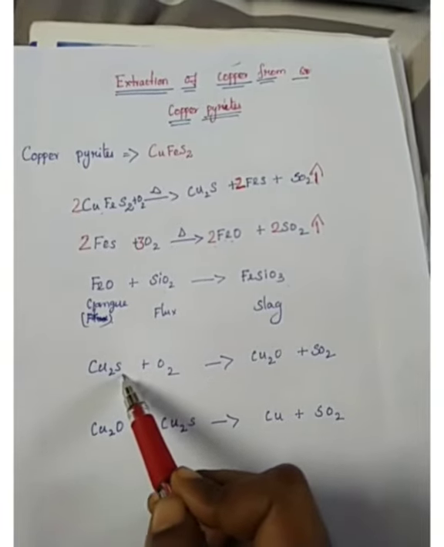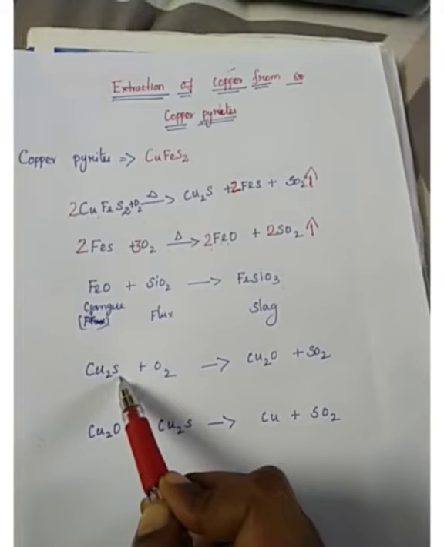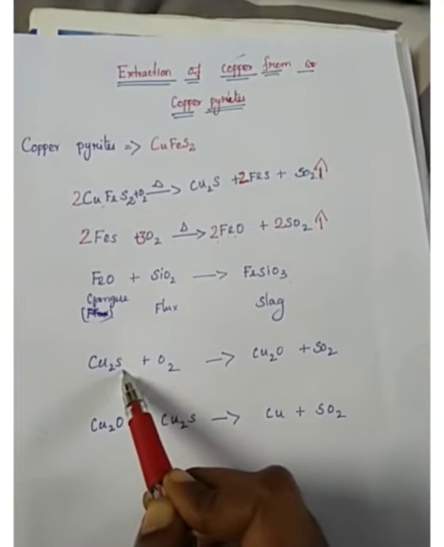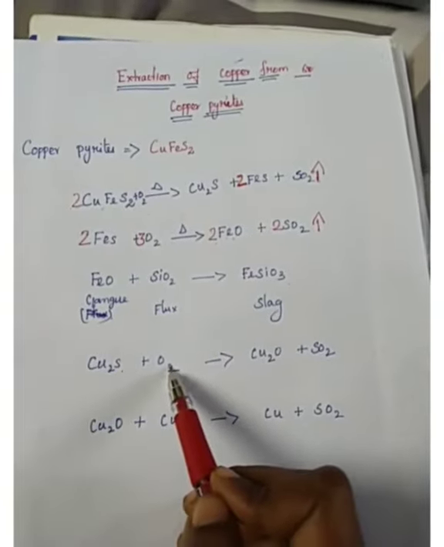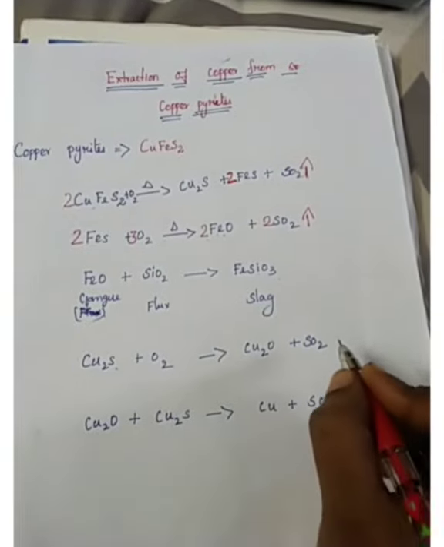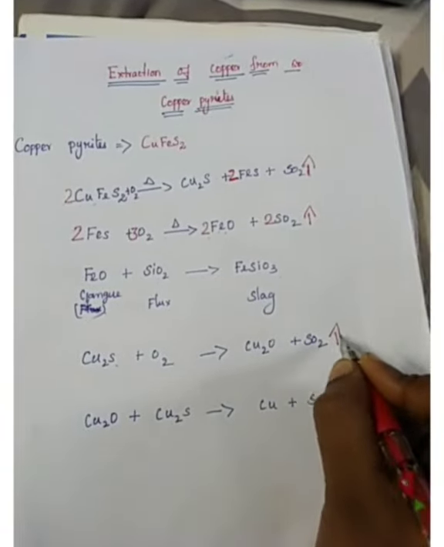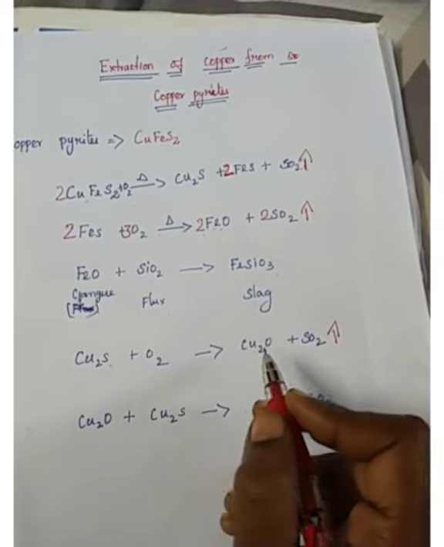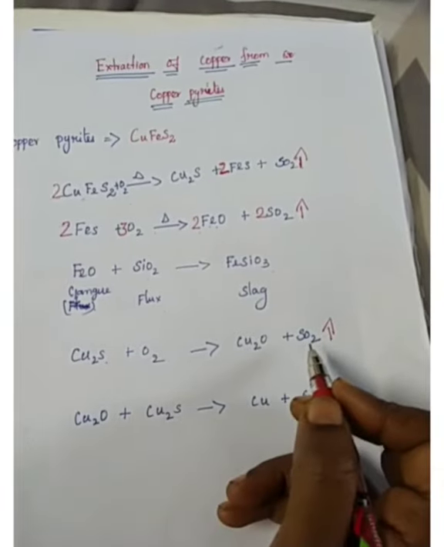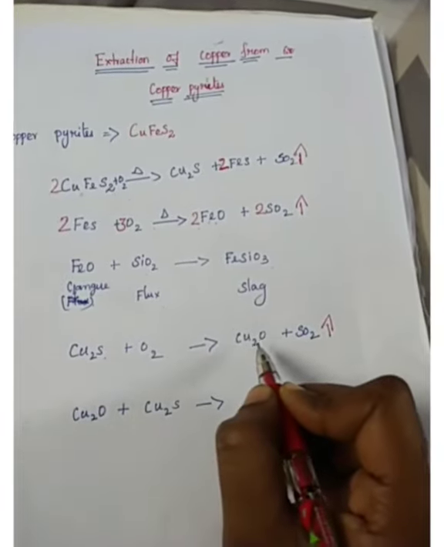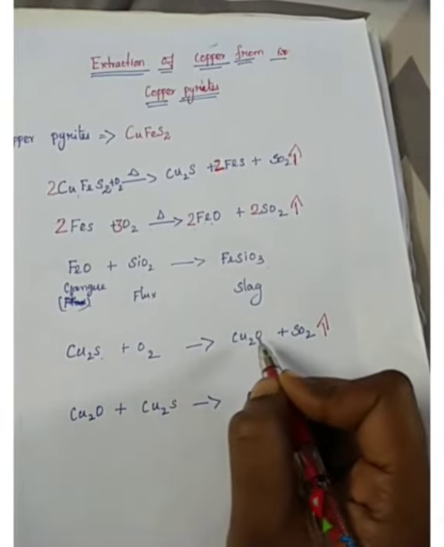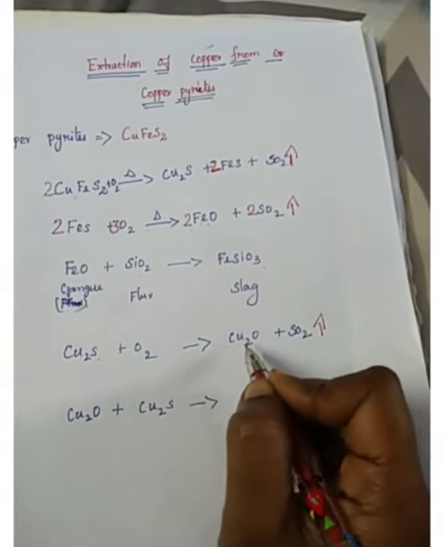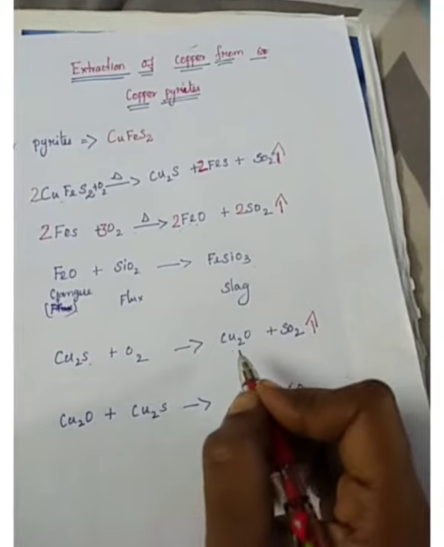Here also Cu2S is a sulfide ore. Sulfide ore means when it is heated in oxygen it gives SO2 as a vapor. So Cu2O and SO2. Here to equalize the number of oxygen we have to add some numbers in front of the compounds.